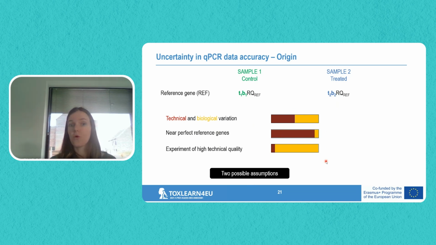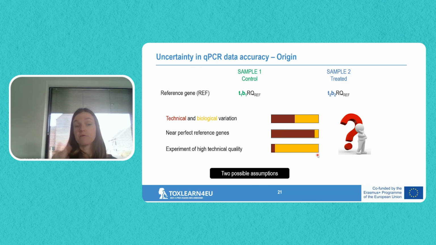And this is not the goal of data normalization. So in that case, the non-normalized data would be more correct. But unfortunately, you cannot know. There is no way to find out whether the differences in CQ for the reference genes between samples would be due to technical or due to biological variation.